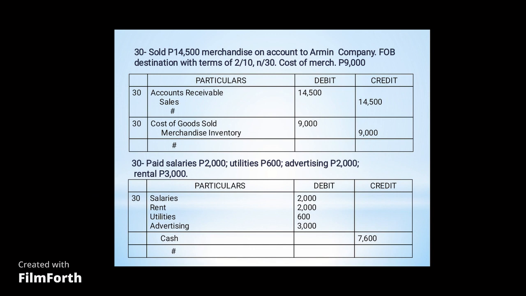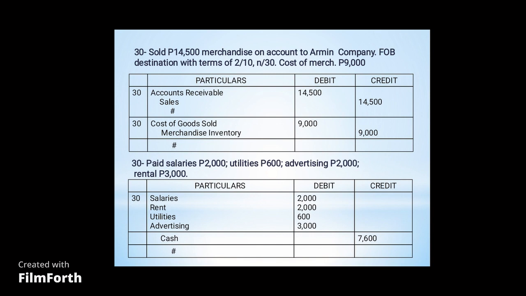Sold 14,500 merchandise on account to Armin Company, FOB destination with terms of 2, 10, and 30. Cost of merchandise 9,000. So debit, accounts receivable, credit, sales. And cost of goods sold, debit, credit, merchandise inventory.